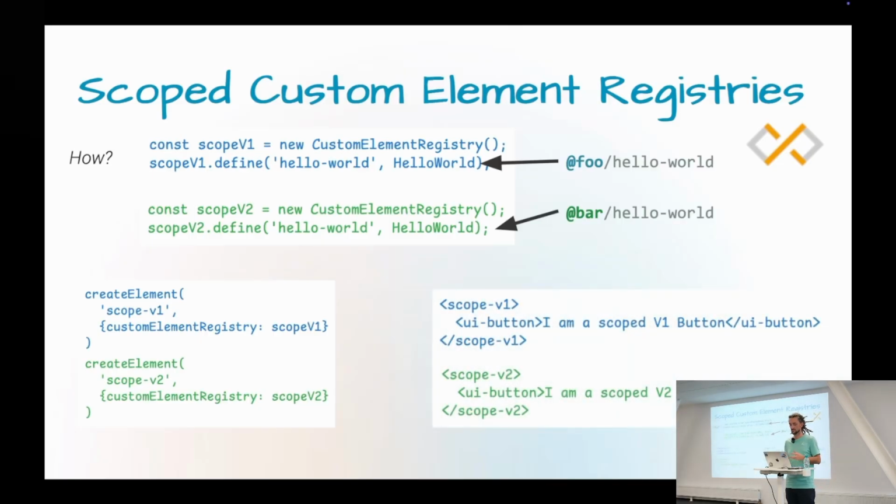And in the end, in your browser, when you're going to declare your content, both of these elements, hello world, I have a typo there, will work as expected. So within scope 1, v3, you're going to get the foo hello world, and in scope v2, you're going to have the bar. So this is currently also implemented in some canaries for Safari, as far as I remember, but hopefully this will be fully available in all browsers soon.